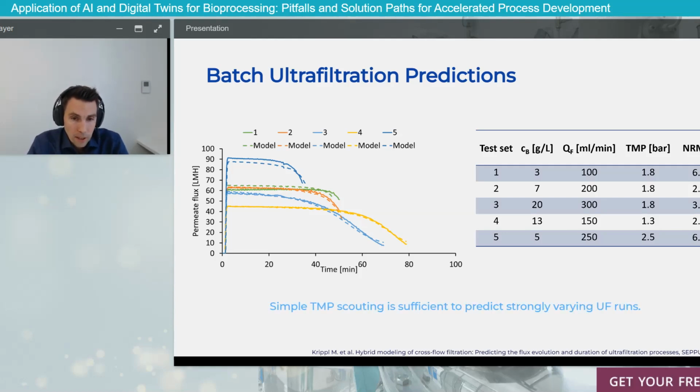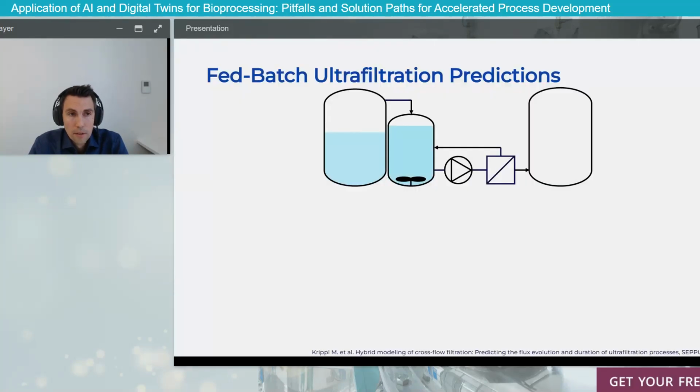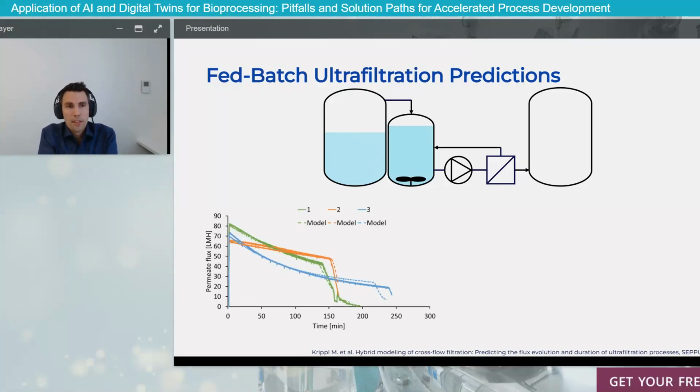So we can do the same thing for fed batch. I think you have a limited amount of tank you can use. Then you normally use another surge tank on top, where you always dilute in fresh protein concentration, and therefore your kinetics is different. So due to the fact that we use a hybrid model here, we can basically just change the mechanistic part in our mass balance, and you see you get a completely different mechanistic.